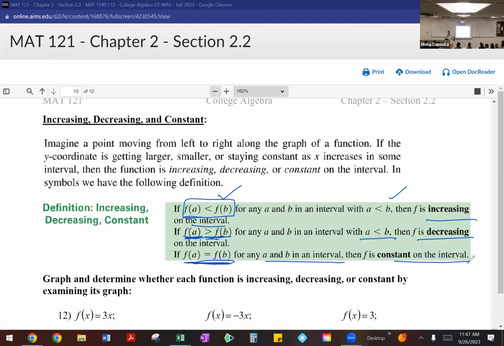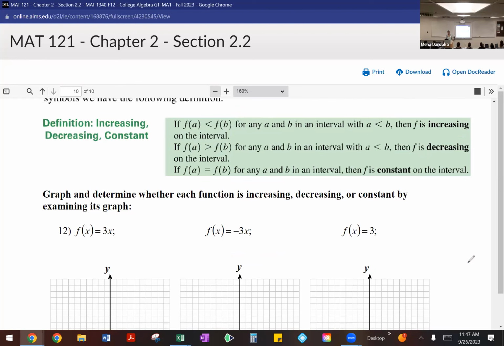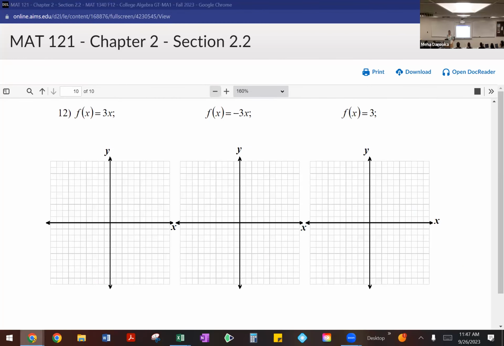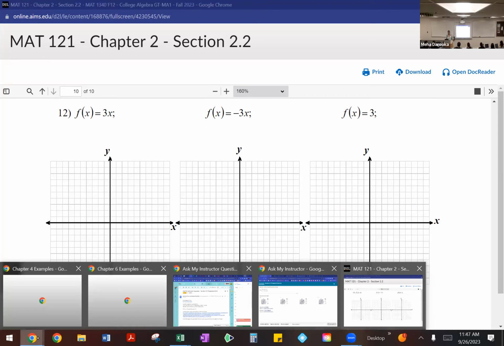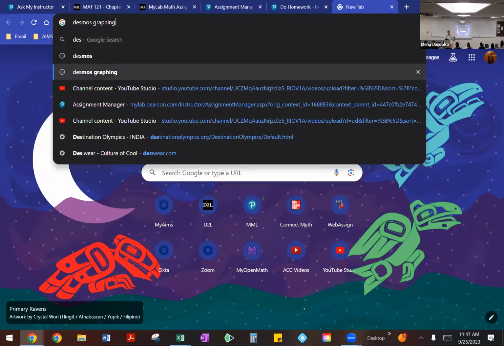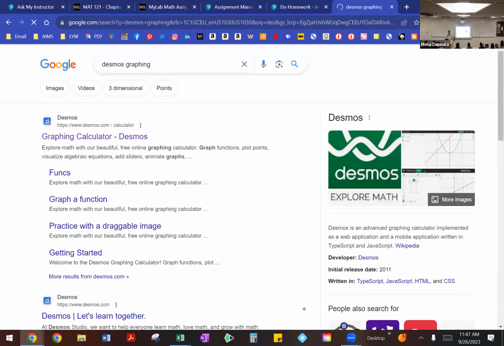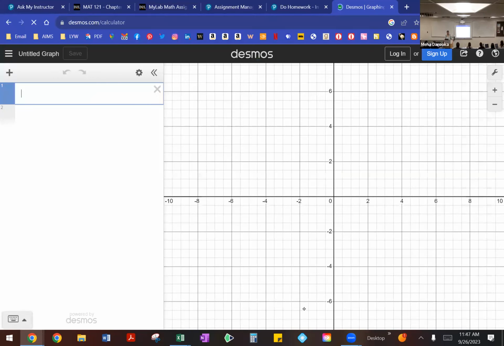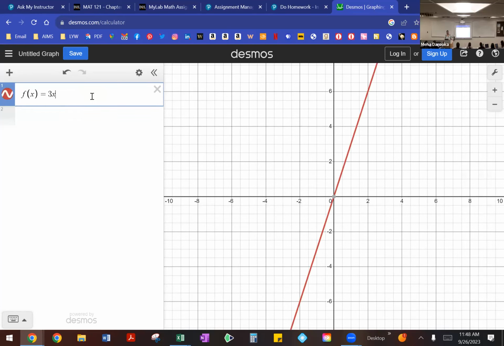Just to show you some simple examples over here, you just use basic functions to show you, so let's do this. Show you this one. X equals, yes. Is this function increasing or decreasing?